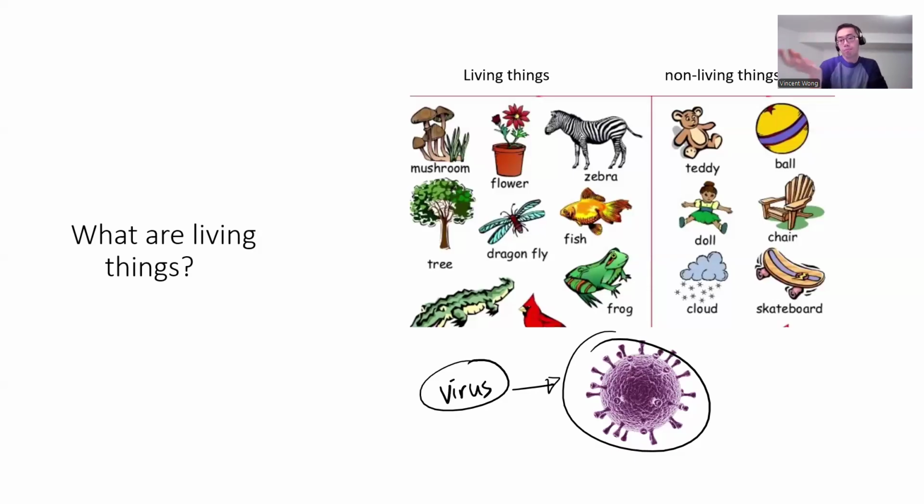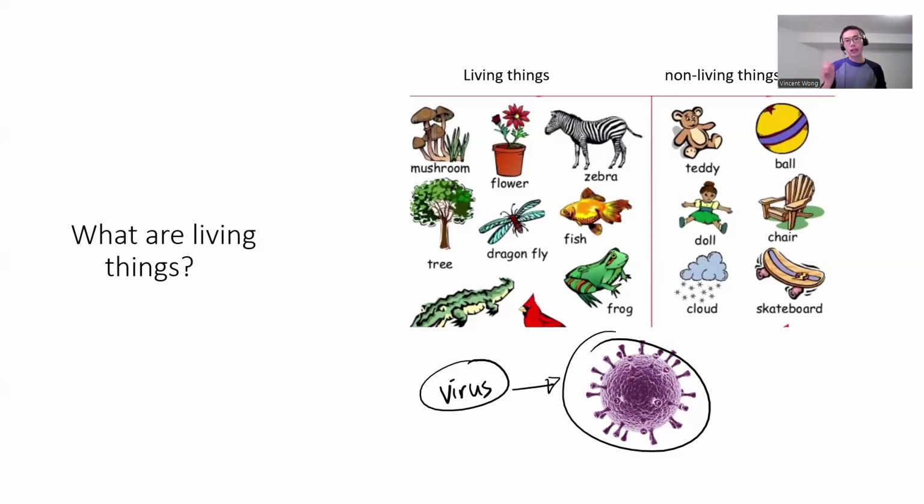But virus is an exception. People actually cannot agree whether it's a living thing or a non-living thing. On one hand, it fits the description of a living thing, but there are conditions attached to it. For example, a virus is able to reproduce like living things can.